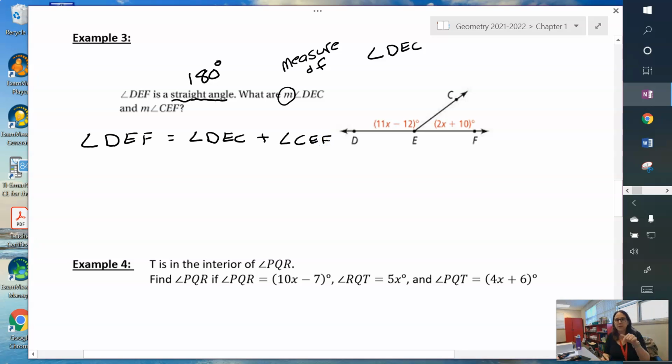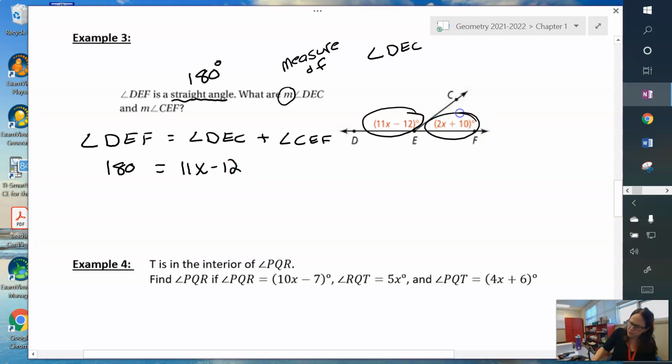You see how I didn't write the little m's there, but I know I'm talking about measures because I put them in equations. Let's fill in what I know. I know DEF is 180 degrees because it is a straight angle. I've been told DEC is 11x minus 12, and CEF is 2x plus 10.